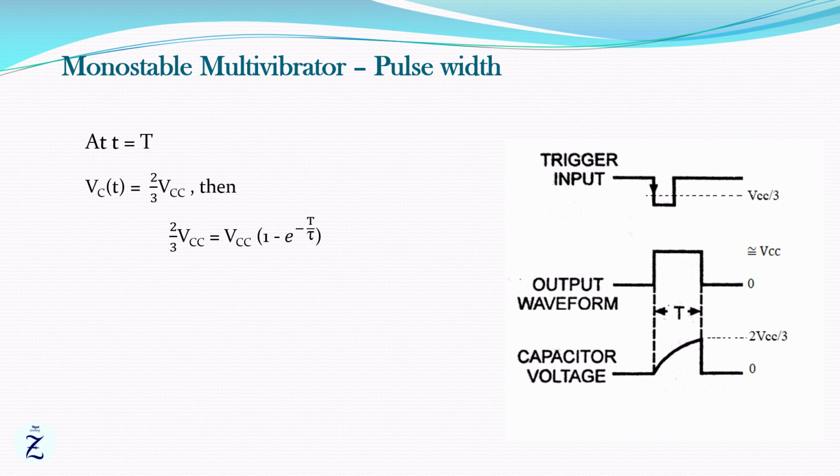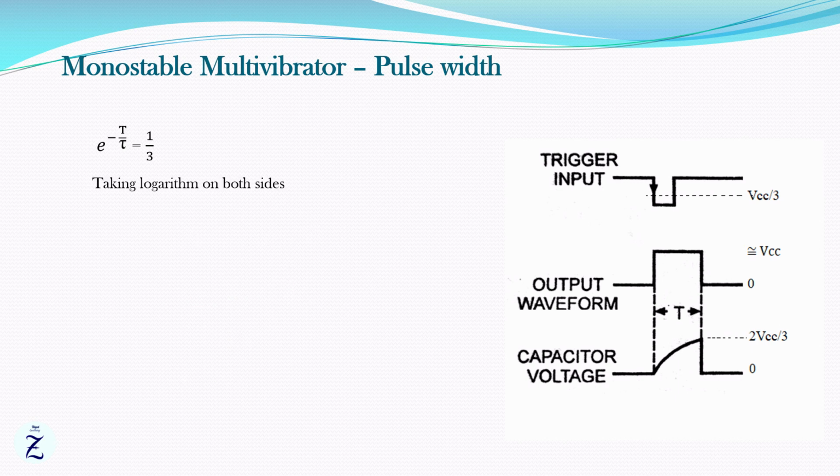Here VCC can be cancelled from both sides, hence the equation becomes 2 by 3 is equal to 1 minus e raised to minus capital T divided by tau. Take this term towards LHS and take this 2 by 3 towards RHS, then e raised to minus capital T by tau is equal to 1 minus 2 by 3, or e raised to minus capital T divided by tau is equal to 1 by 3.